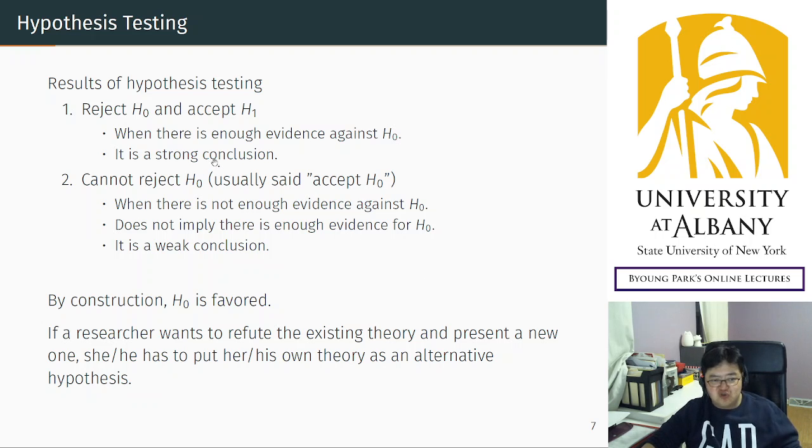Therefore, usually, to be conservative, my own theory is put as the alternative hypothesis, and the existing one that I do not agree with is put as the null hypothesis. If the null hypothesis is rejected and my hypothesis is accepted, that is a very strong conclusion. So that's what many statisticians are looking for.